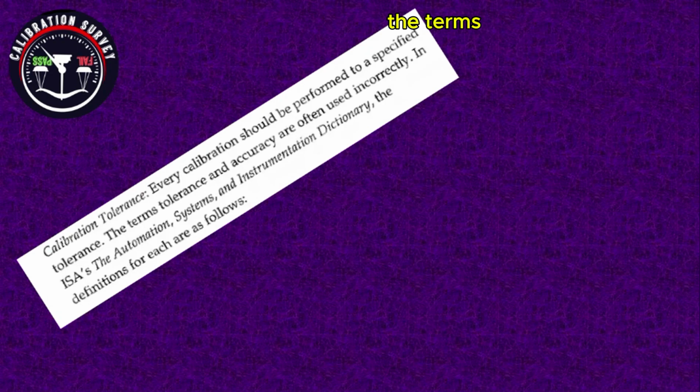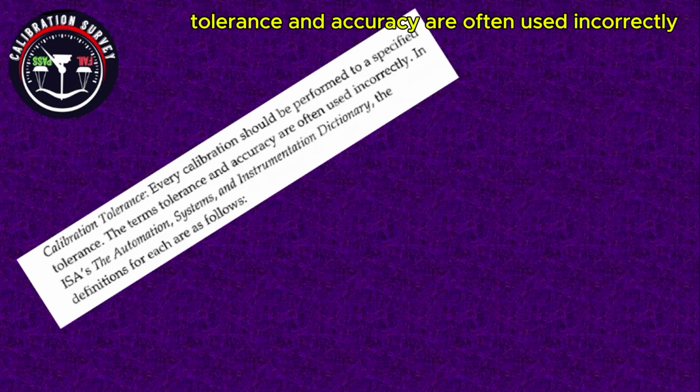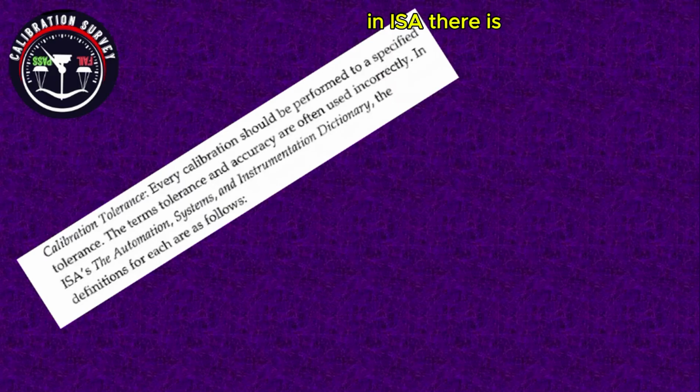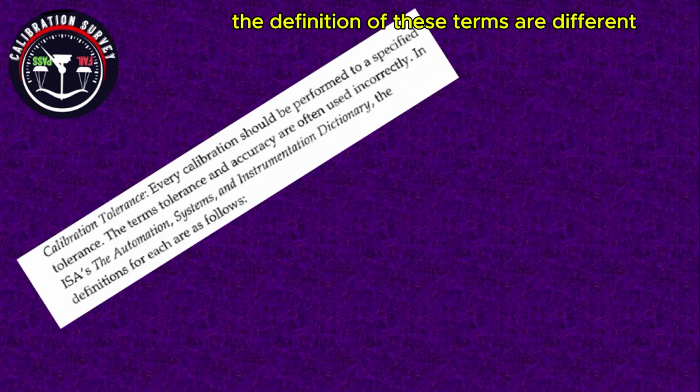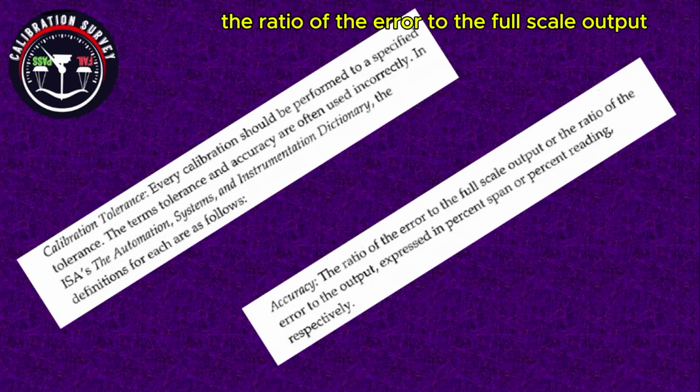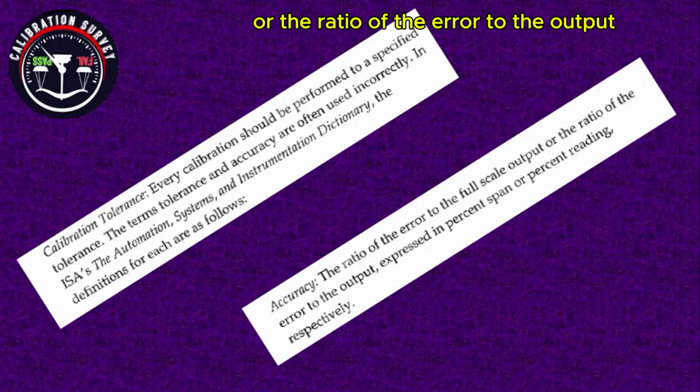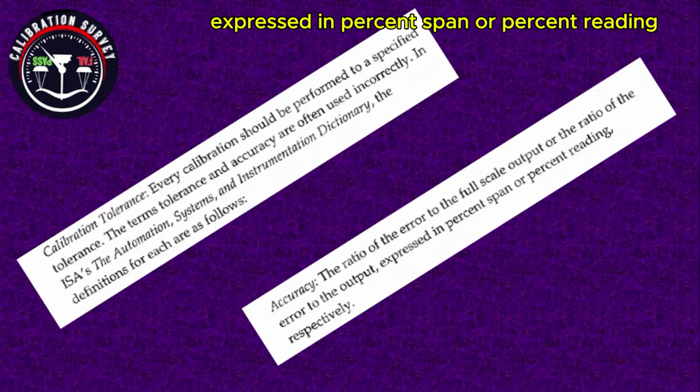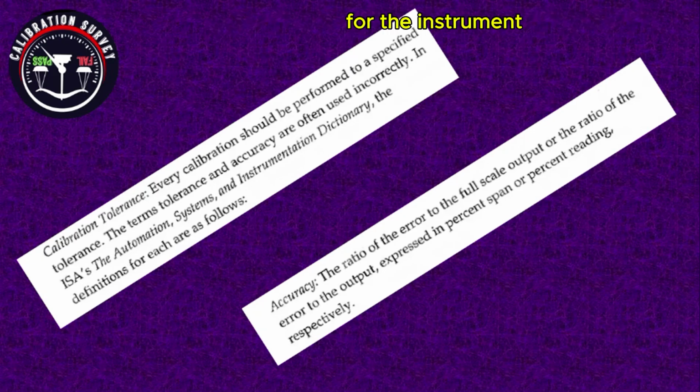The terms tolerance and accuracy are often used incorrectly. In ISA, the definition of these terms are different. For accuracy, the ratio of the error to the full scale output, or the ratio of the error to the output, expressed in percent span or percent reading for the instrument.